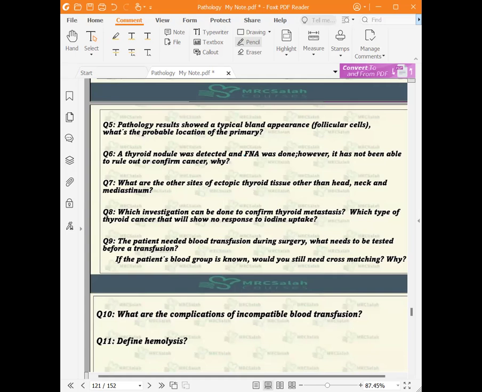That is why it was not confirmed, due to capsular and vascular invasion in follicular carcinoma of thyroid. In follicular thyroid neoplasm, malignancy is determined by capsular and vascular invasion, which need histology rather than cytology to confirm.